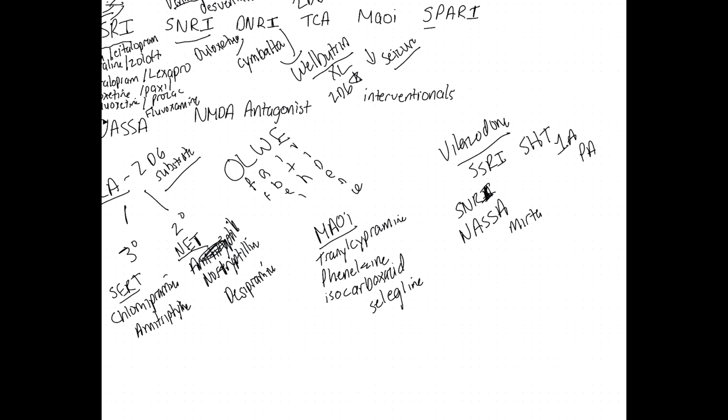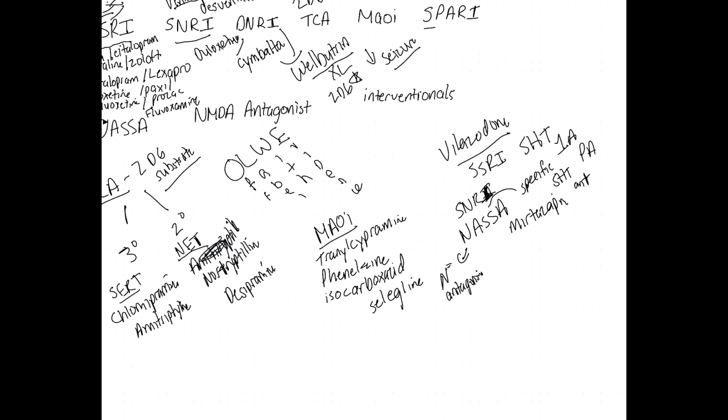What does NA stand for? Noradrenergic antagonist. Very good. Norepinephrine antagonist. What does SS stand for? Specific serotonin antagonist. So SS stands for specific 5-HT antagonist. You know 5-HT is serotonin, right?